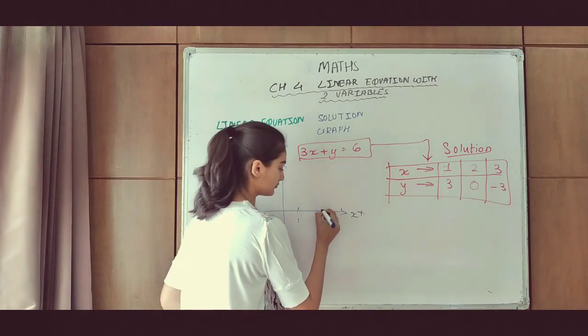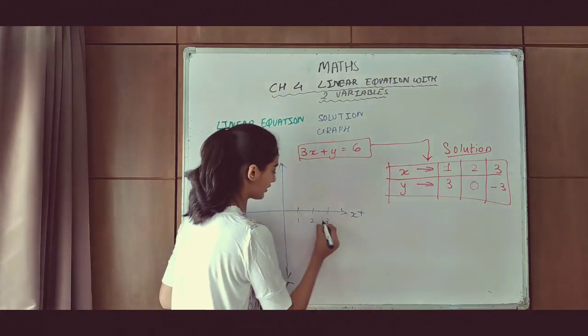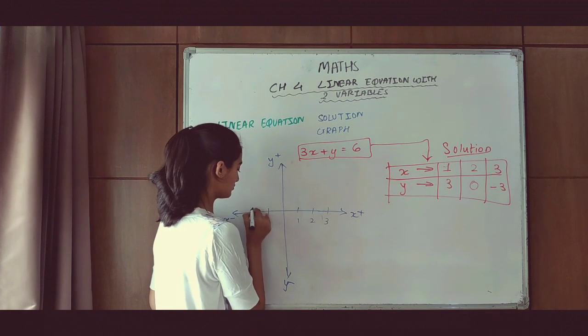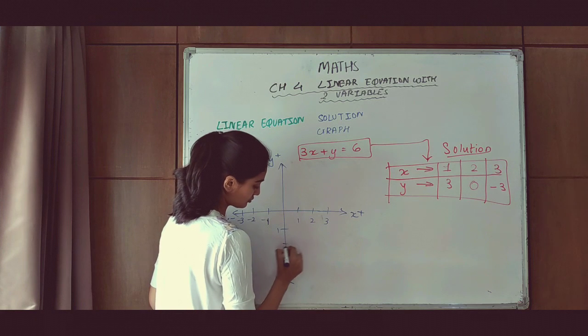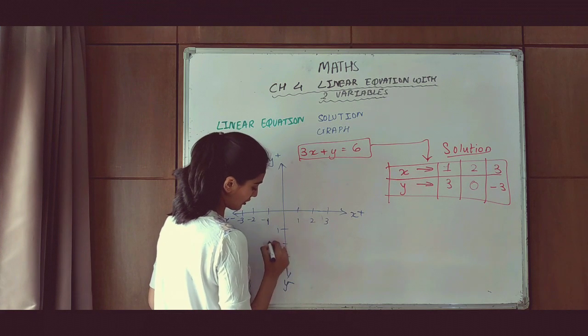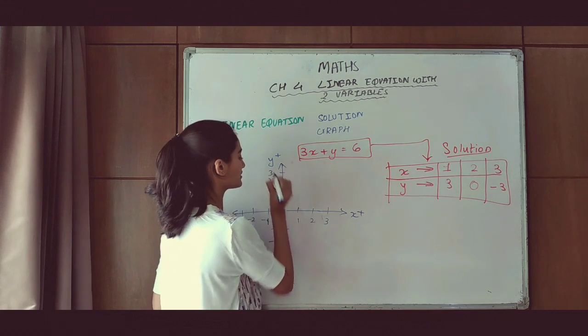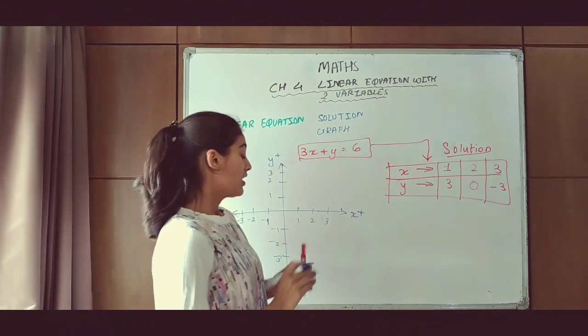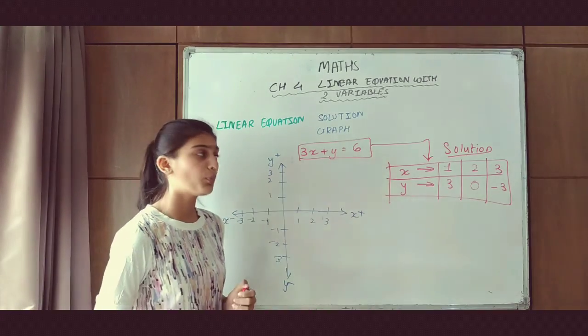Let's name it. There are 3 units each, okay? So 1, 2 and 3. This will be minus 1, 2 and 3. This will also be minus 1, 2 and 3, and this will be positive 1, 2 and 3.